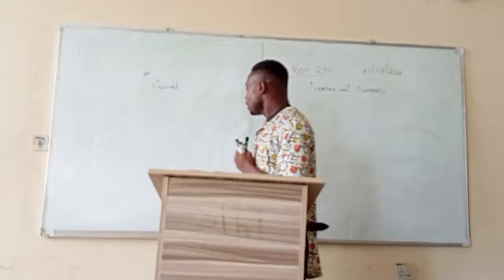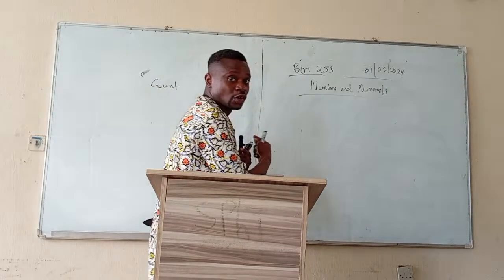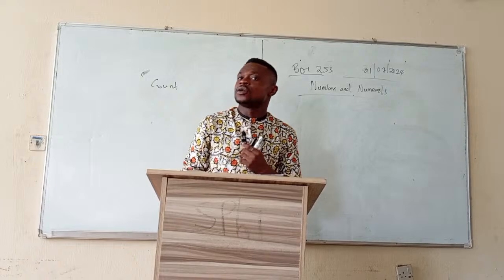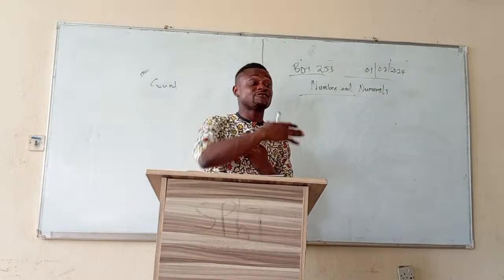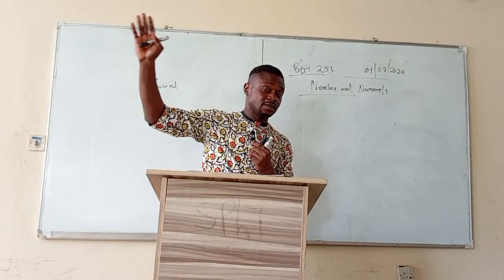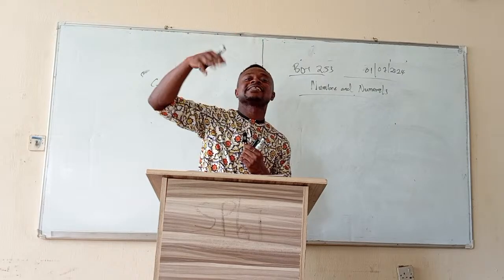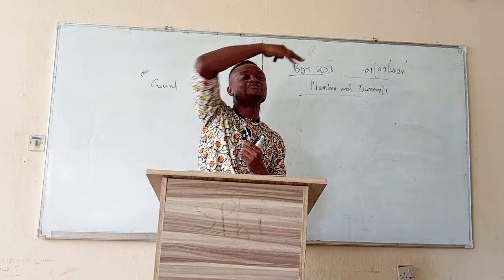So that's the relationship between numbers and numerals. Number is number. But numerals differ. We have different numerals. We have Roman numerals, Arabic numerals, Chinese numerals. There are many numerals.